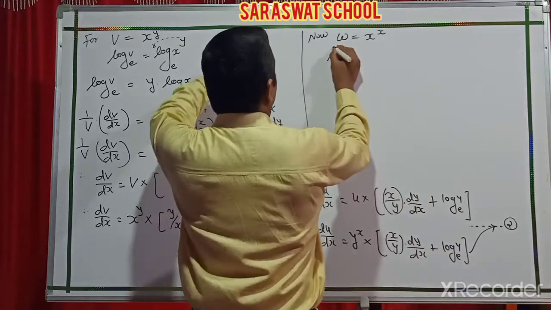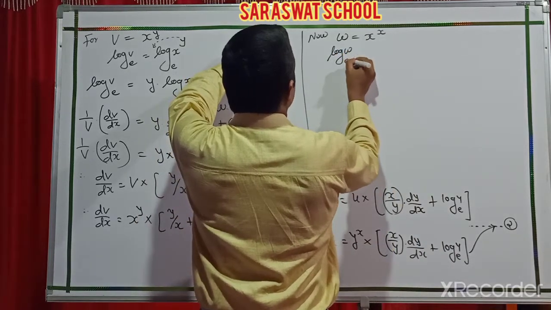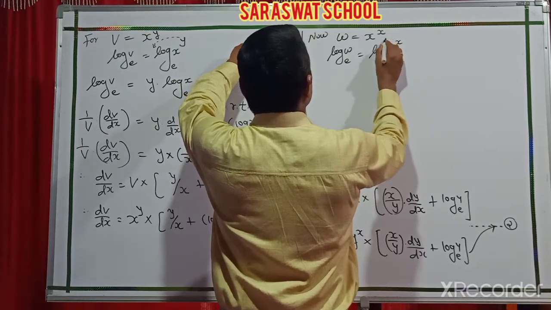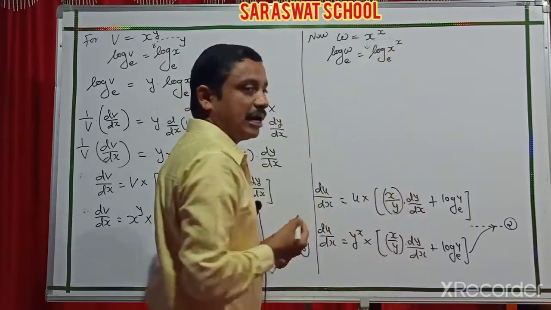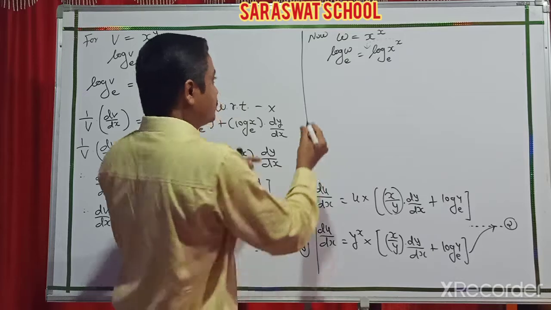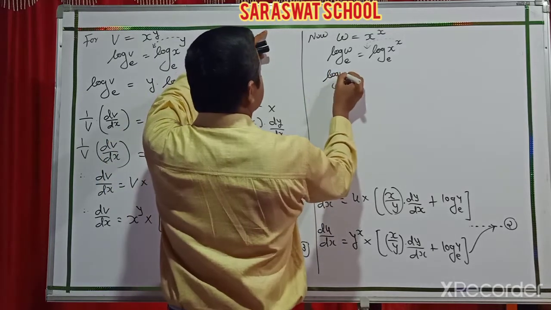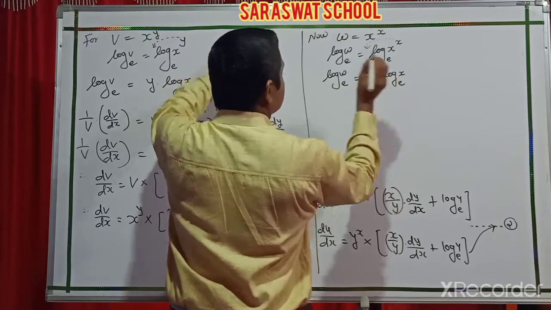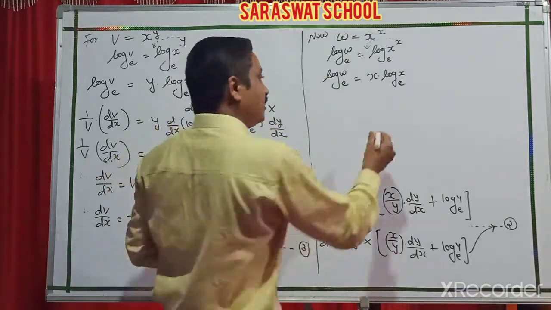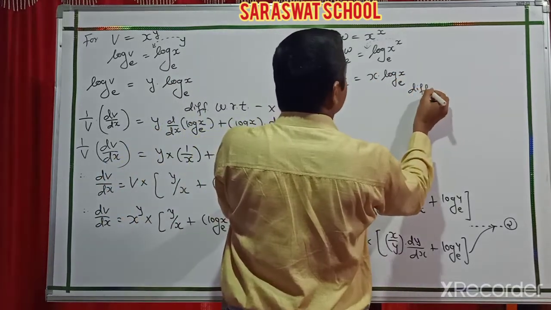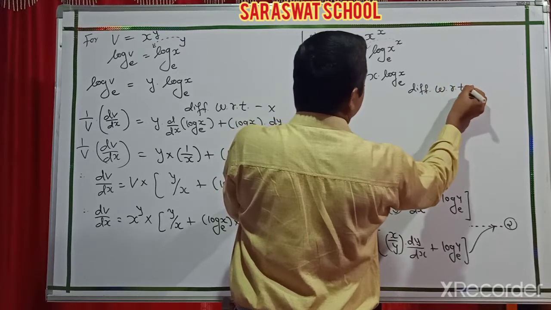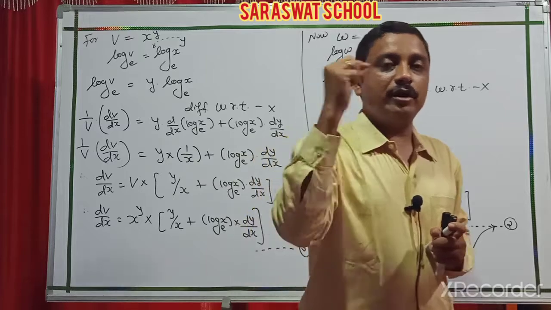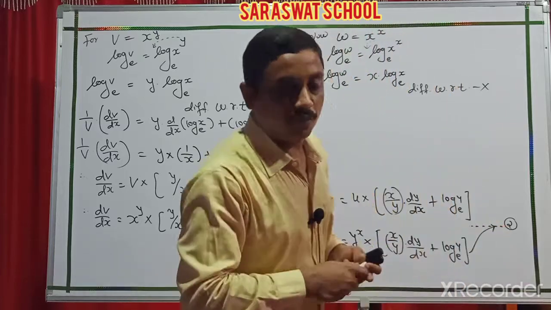So here apply log w base e. Here log of x raised to x to the base e, and this x raised to x I just carry forward outside. It means log w base e equals x into log x base e. Start the same principle, differentiation with respect to x, and I derive the dw by dx value.